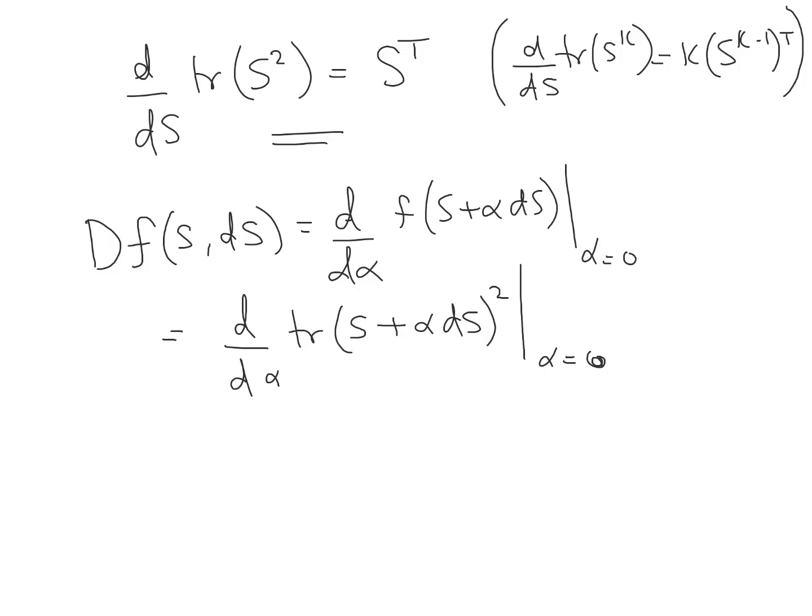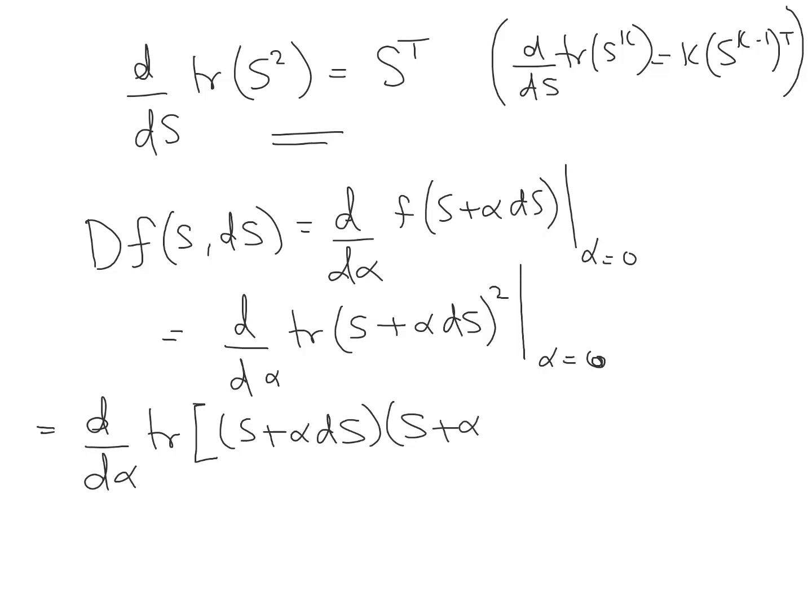Okay. Let's open up that. D alpha trace of (S plus alpha ds)(S plus alpha ds), with alpha going to 0. So we are going to use a form of product rule.